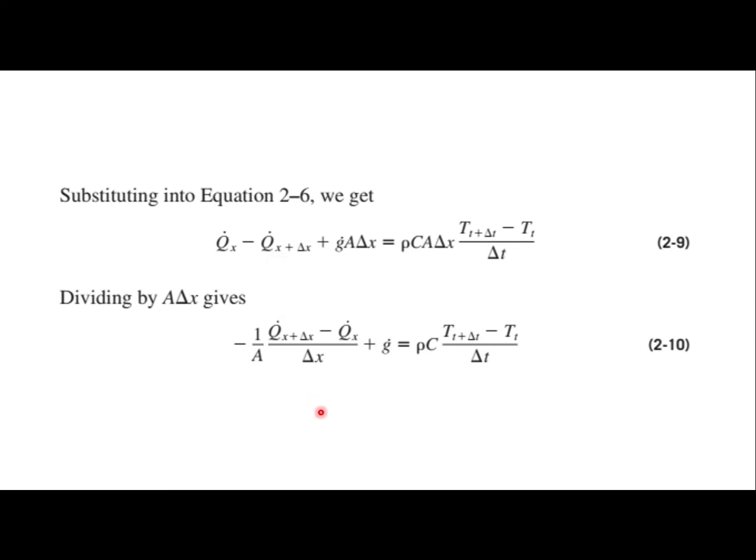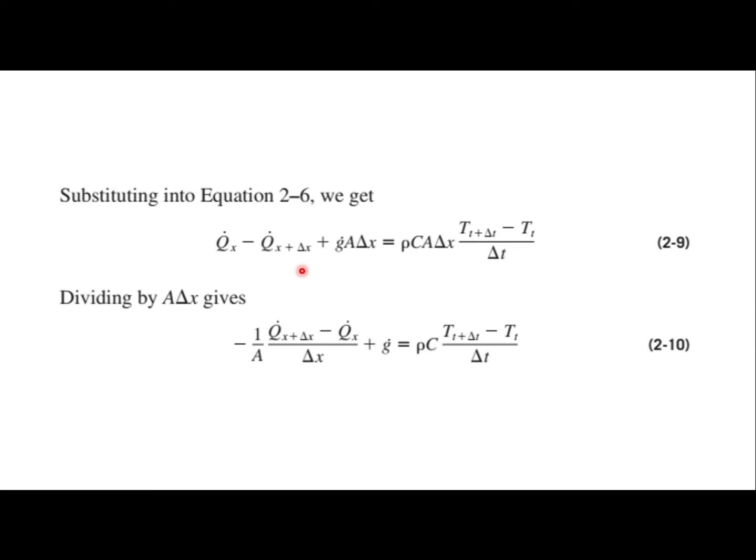So this part is qx minus qx plus delta x. In the mathematical form we always represent it as final minus initial when we try to solve it.